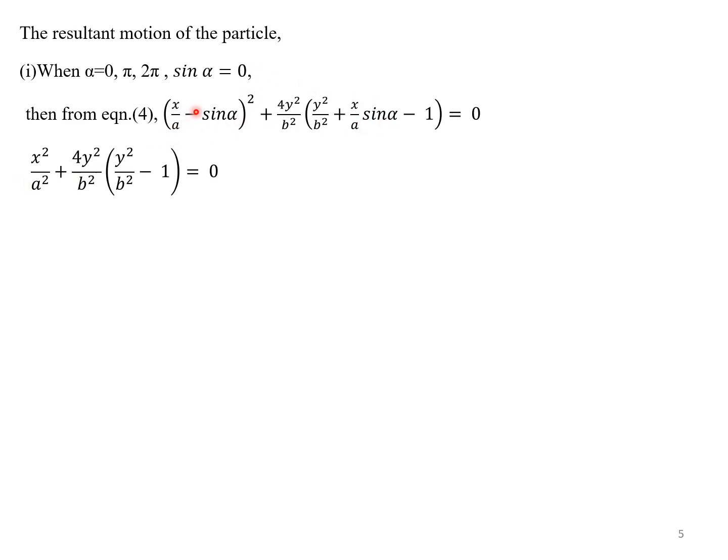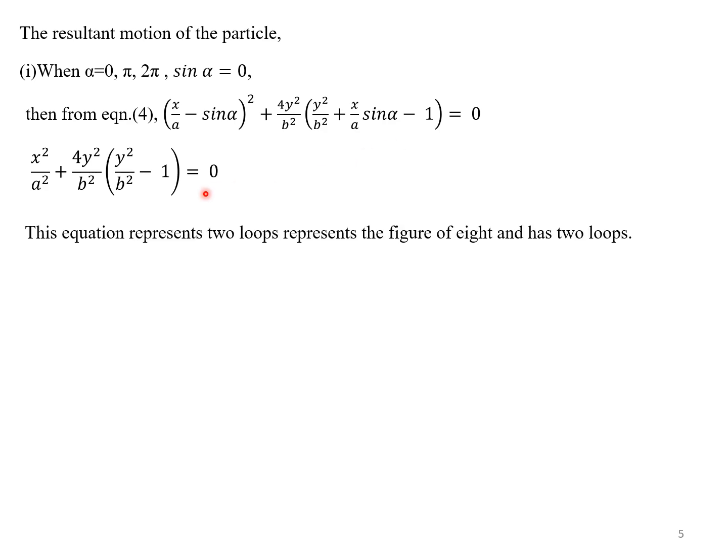We write x square divided by a square plus 4y square divided by b square into bracket y square divided by b square minus 1 is equal to 0. Then this equation represents two loops, the figure of 8, which has two loops.